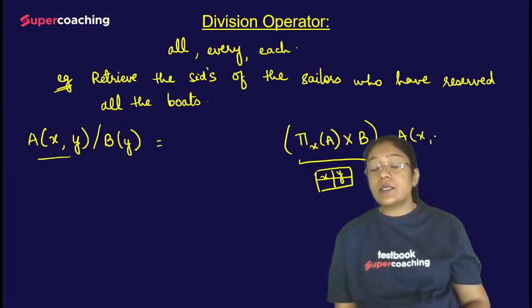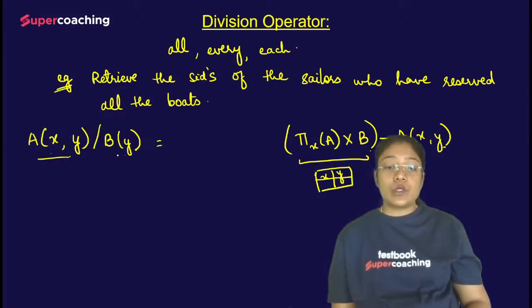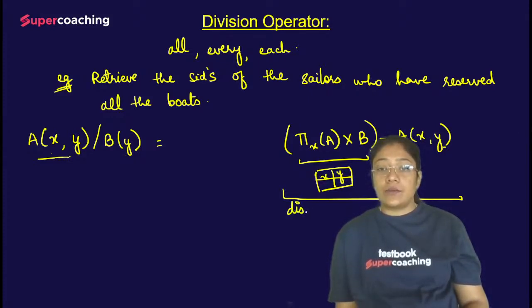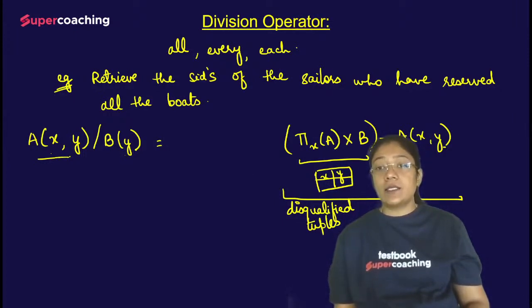This returns the values which are not available in X and Y. So this is returning the disqualified tuples, the ones which do not satisfy the condition. But we want the tuples which qualify this condition.